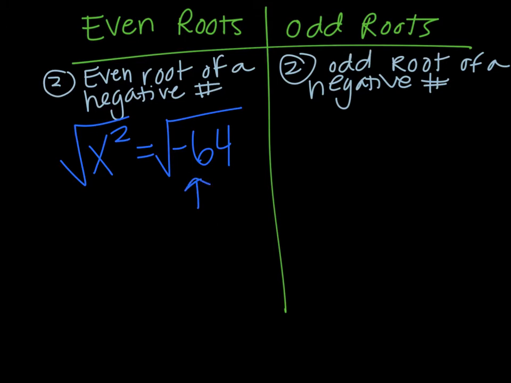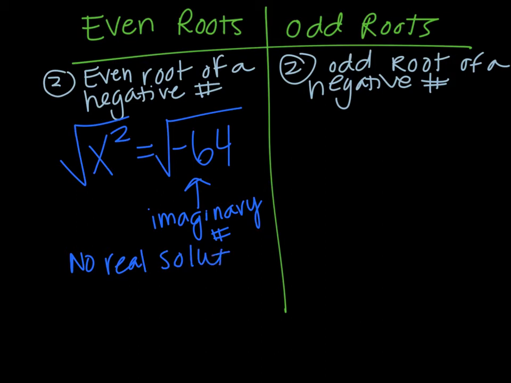As we talked about when we talked about types of numbers, the square root of a negative is not possible. This is an imaginary number because there's no number that I can multiply by itself to give me negative 64. So for this, we would say no real solutions. It is not possible to take the even root of a negative number. That's true for any even root, whether it's square root, fourth root, sixth root, any of them.